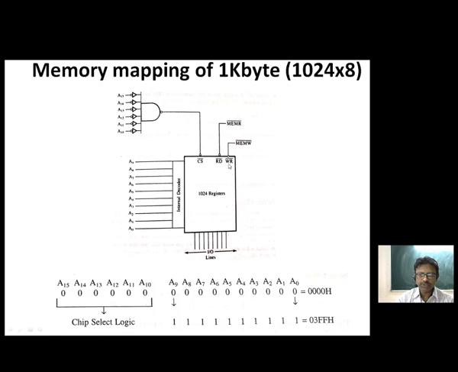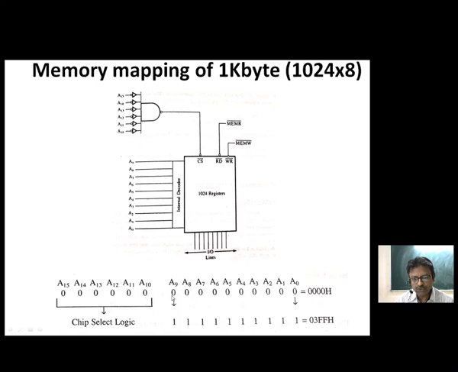Since this memory chip contains 1024 registers, we require 10 address lines to identify the individual registers, and these address lines will be designated from A0 to A9.